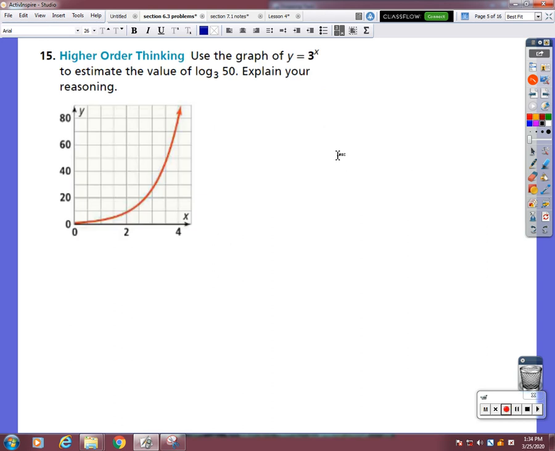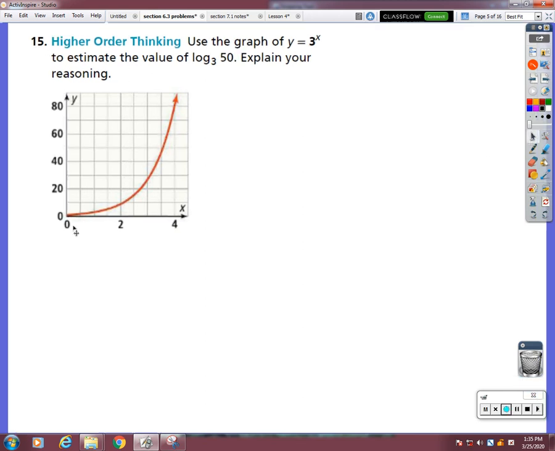Alright, use the graph of y equals 3 to the x to estimate the value of log base 3 of 50. Okay, so this graph shows various powers of 3. 3 to the 0 is 1. 3 squared is 9. 3 to the third is 27, and 3 to the fourth is 81.